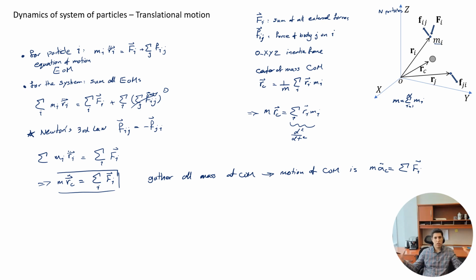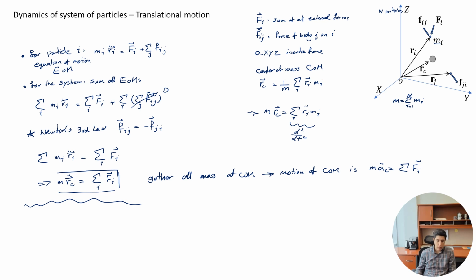So I can clump everything in my entire system into one point and look at the kinematics of that. That's very useful and very powerful. It doesn't matter how this collection of bodies is moving relative to each other. I can always look at just the center of mass.